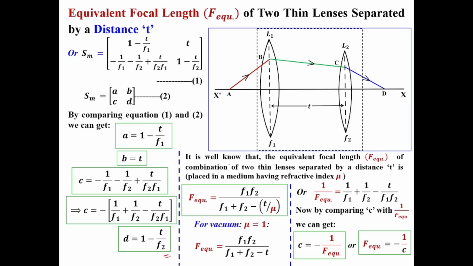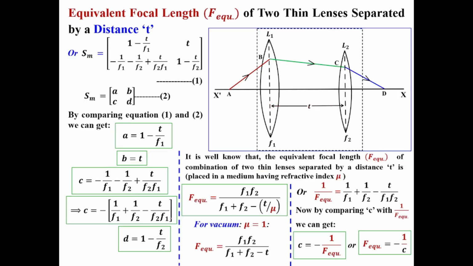It is well known that the equivalent focal length, f equivalent, of a combination of two thin lenses separated by a distance t, placed in a medium having refractive index mu, follows this figure: two thin lenses separated by a distance t, and this whole optical system placed in a medium having refractive index mu.